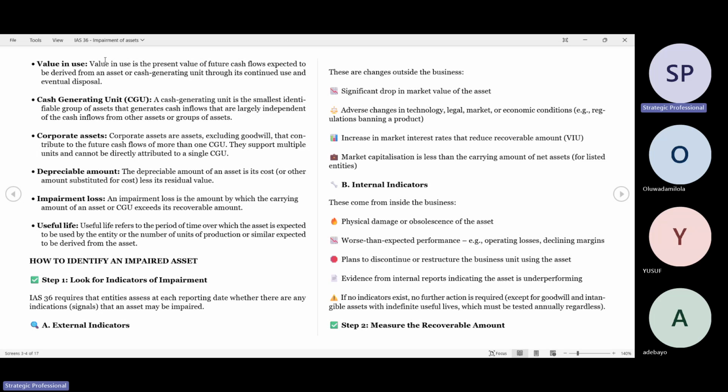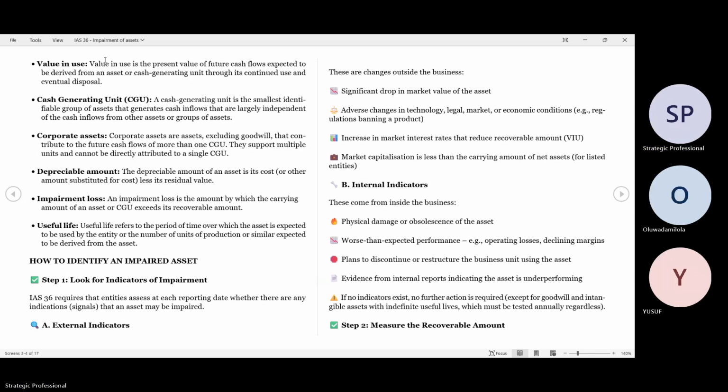When you go to companies, everybody has their own different estimated useful life. For example, two companies can buy a motor vehicle from the same vendor, but when they go back to their offices, company A can say the estimated useful life is 5 years. Company B can say that it's 7 years.